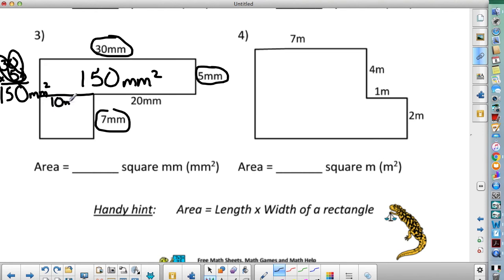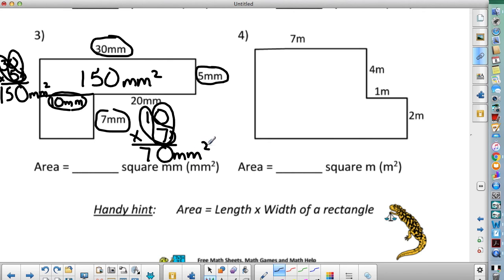So that is the missing side. So we now have 10 times 7, and let's write that in stacked form. Starting in the ones place, 7 times 0. Anything times 0 is 0. Then 7 times 1 is 7. So 10 times 7 is 70 millimeters squared.